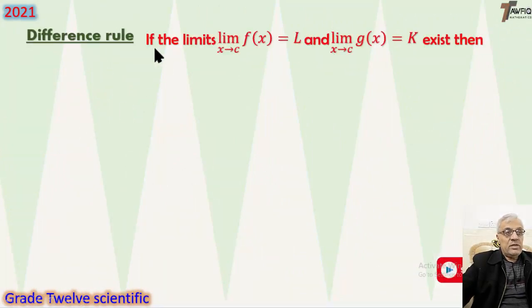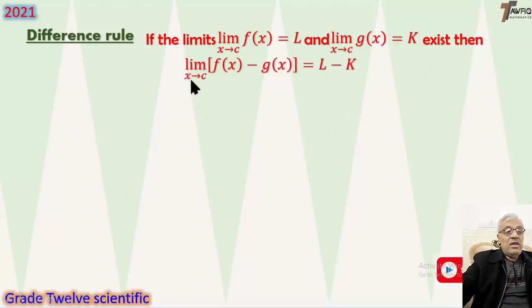Difference rule. If the limit as x approaches c of f(x) is equal to L and the limit as x approaches c of g(x) is equal to k, and both exist, then the limit as x approaches c of f(x) minus g(x) is equal to L minus k.